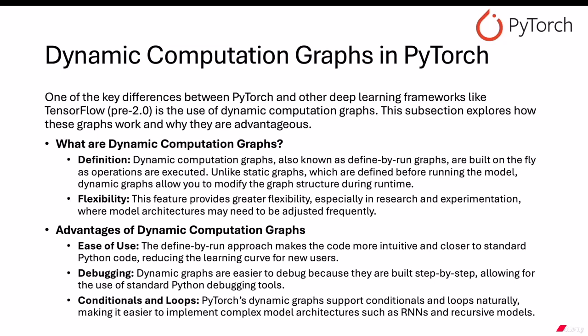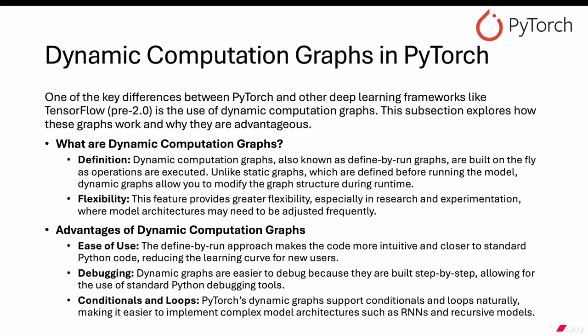Unlike static graphs, which are defined before running the model, dynamic graphs allow you to modify the graph structure during runtime. Flexibility: this feature provides greater flexibility, especially in research and experimentation where model architectures may need to be adjusted frequently.